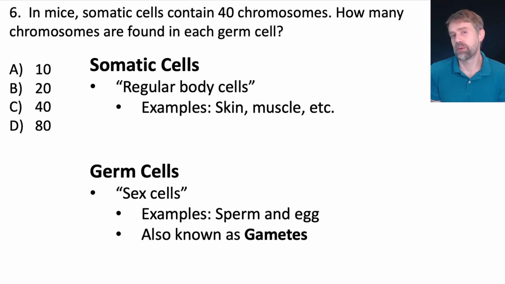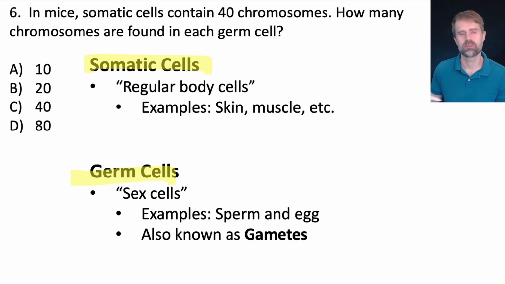In the bodies of most living things, there are 2 types of cells. There are somatic cells and there are germ cells. Somatic cells are like regular body cells. Stuff like skin cells, muscle cells, nerve cells.